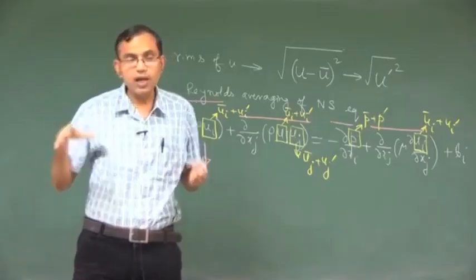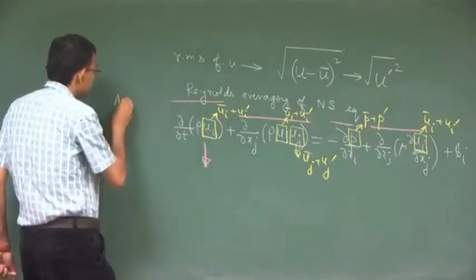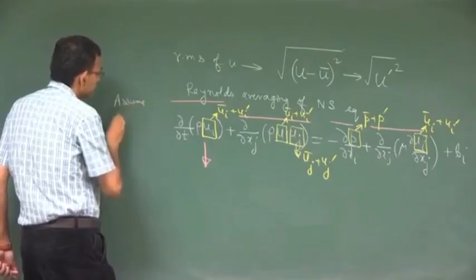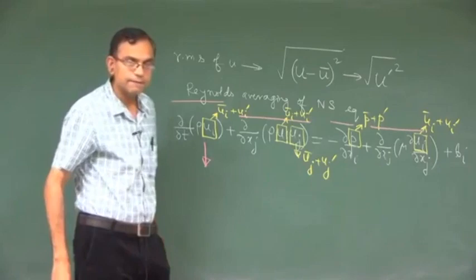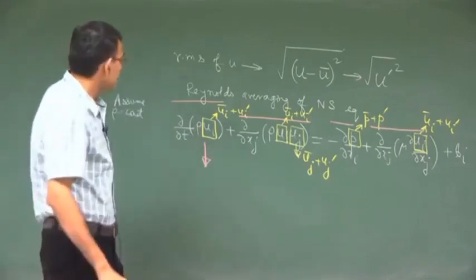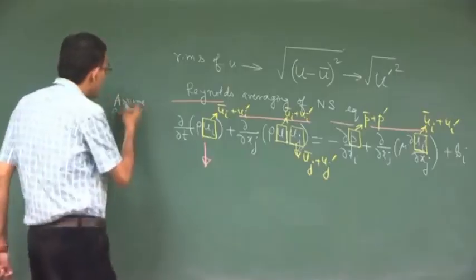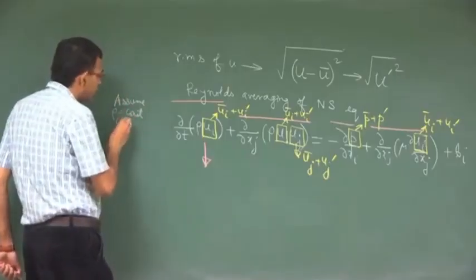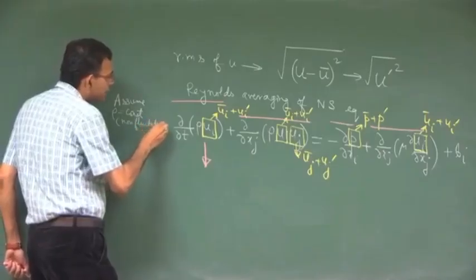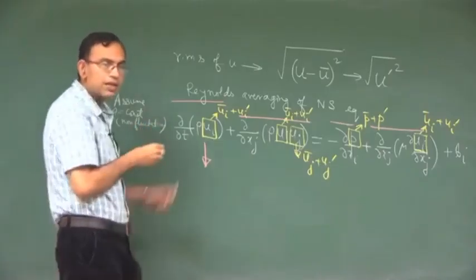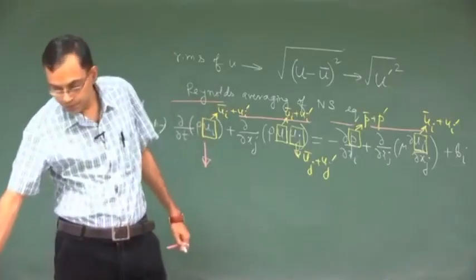But we are assuming a constant density flow. Remember, not for all cases can we do that. For our interest it is non-fluctuating. It may have a larger time scale over which it varies, still it is okay, but it is not fluctuating like the other parameters u, v, p.